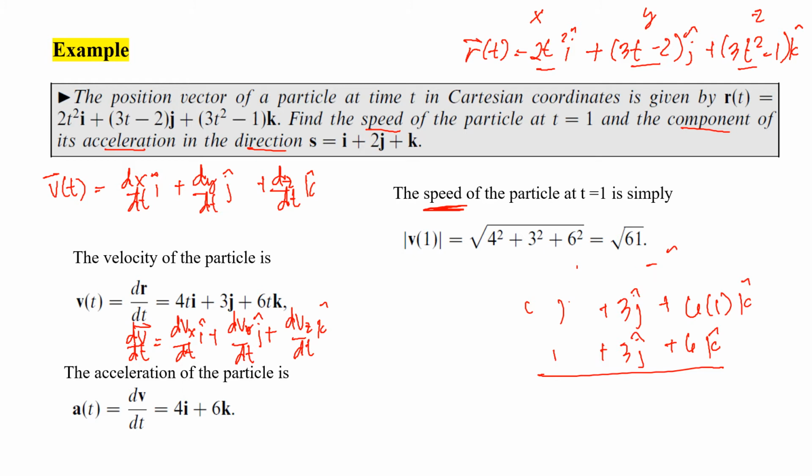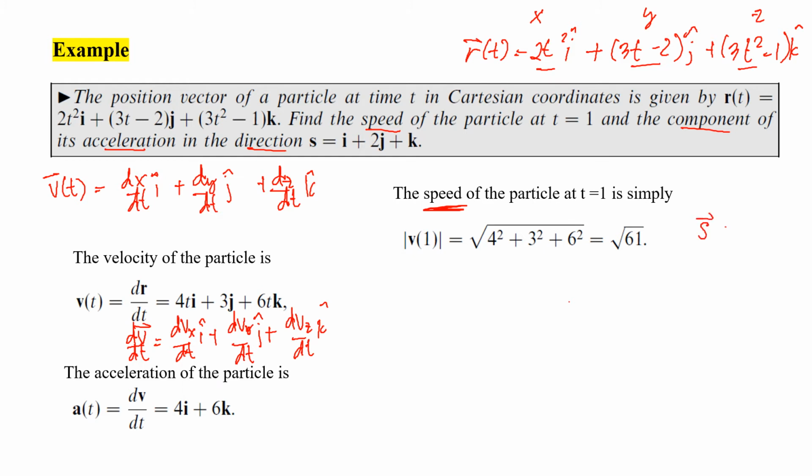Next, let's find the component of its acceleration in the direction of s. When we're talking about the direction of s, remember that your vector s is equal to the magnitude of s times your unit vector s hat.